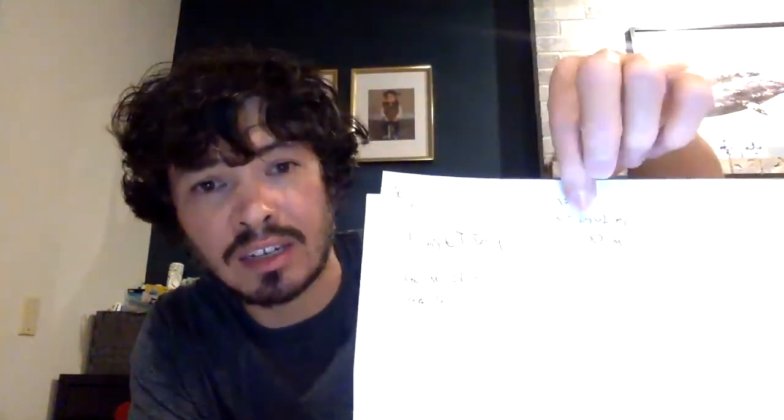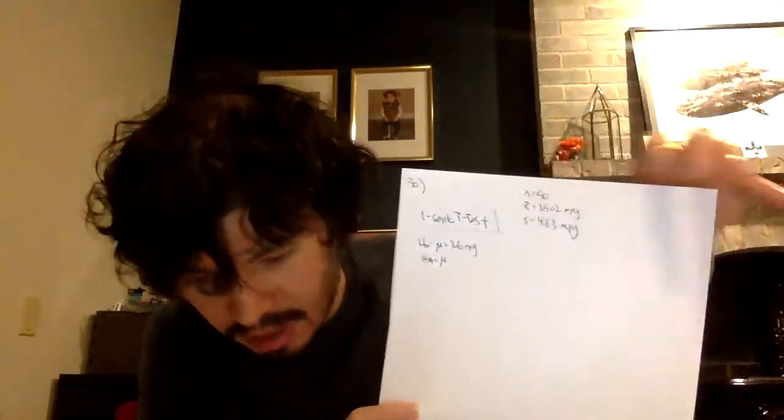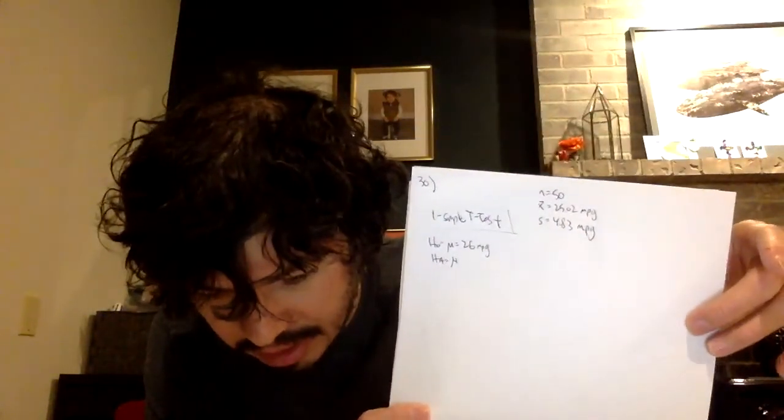And then the alternative: we want to see, is this evidence that they have failed to attain their goal? They got 25 miles per gallon in their sample, and they want at least 26. They want more miles. So did they fail? Is this evidence that the mean is less than 26 miles per gallon? That would be the alternative.